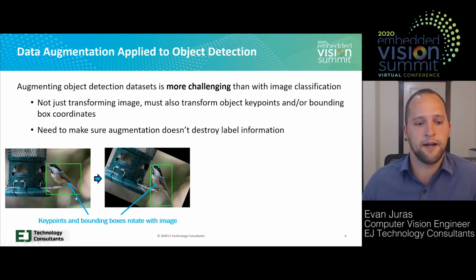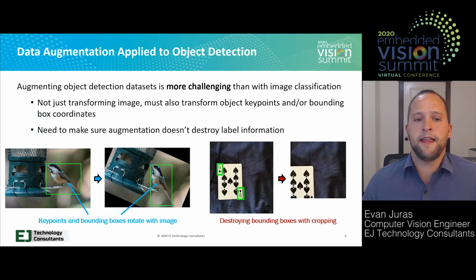So for example, I've got an image of a bird here with key points that define where the bird is located in the image and then a bounding box around the bird. So if I rotate this image, I also have to apply that same transformation to the XY coordinates that show where the key points or the bounding box is. And that's a little bit more difficult than just simply rotating the image and labeling it as a bird.